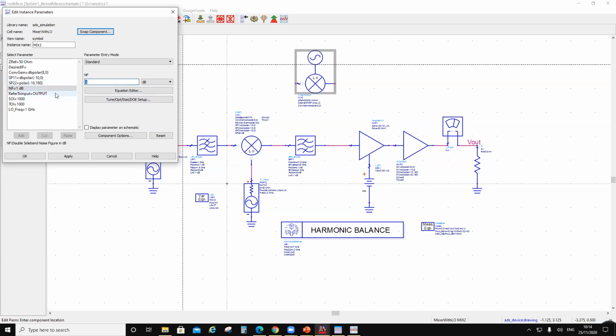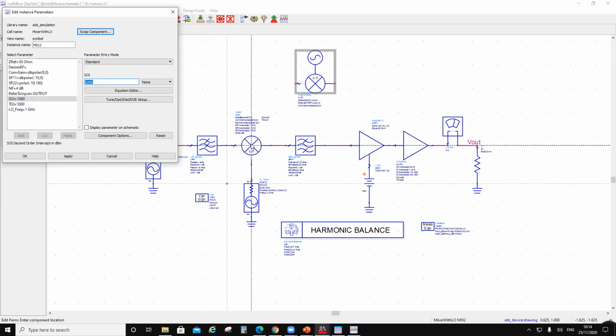Then you can put a noise figure, let's say of, actually this will be large, right? So let's say 4. And here TOI as well. If I put a very large number, it means that this is linear, but this is not linear, right? So SOI was 30 and TOI was 21.